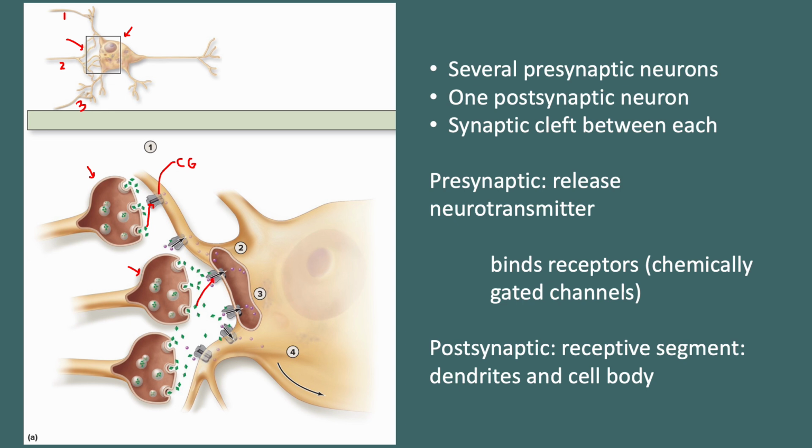Right? We're going to see that when neurotransmitter binds these chemically gated channels, they're going to allow ions to flow. Right? So these channels are going to be specific to cations or certain ions, and then we're going to allow those ions to move down their gradients.